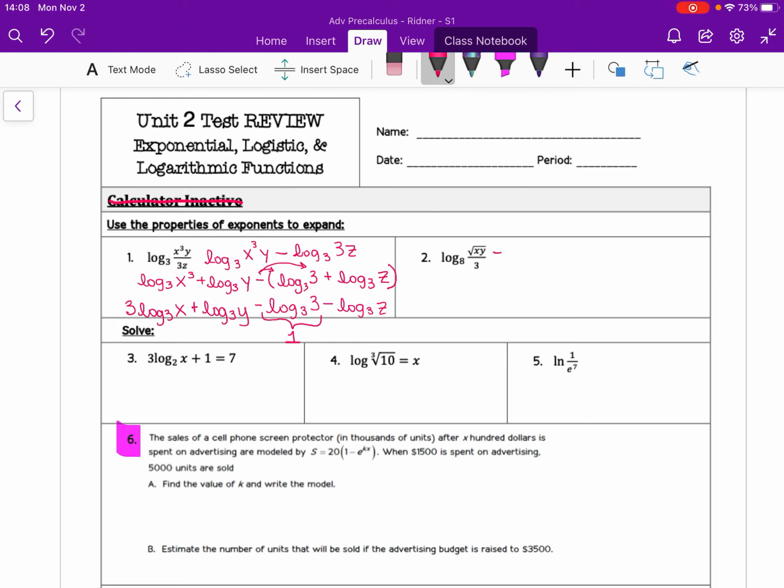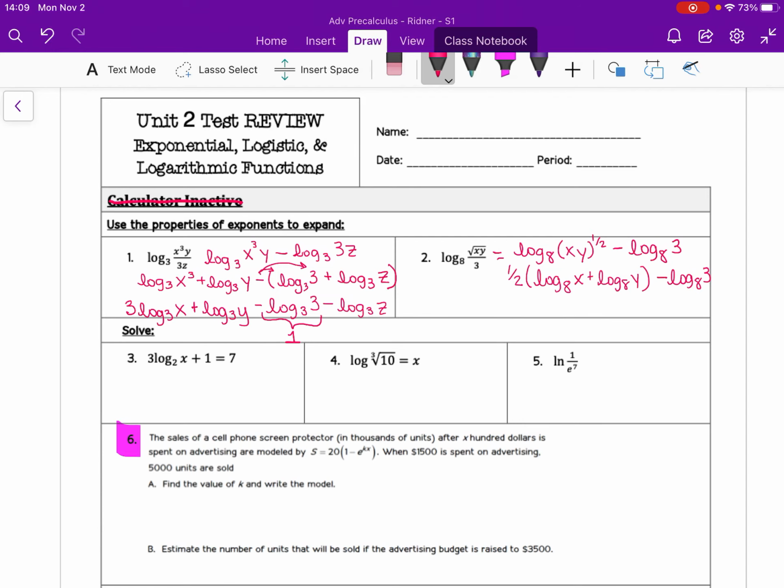For the next one, remember that a square root is really the 1/2 power. We'll go ahead and put the minus there to split that up. And then I could put the 1/2 in front. X and y need to be split up by multiplication. And then minus log base 8 of 3.